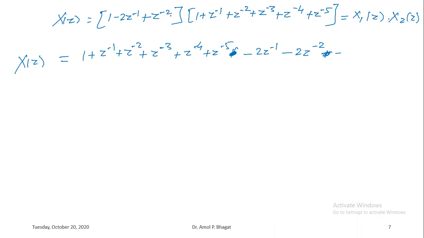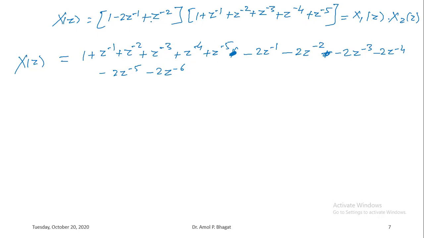With each term the powers will be incrementing by 1, so minus 2z to the power minus 3, minus 2z to the power minus 4, minus 2z to the power minus 5, minus 2z to the power minus 6.